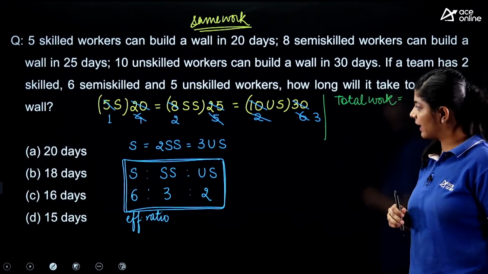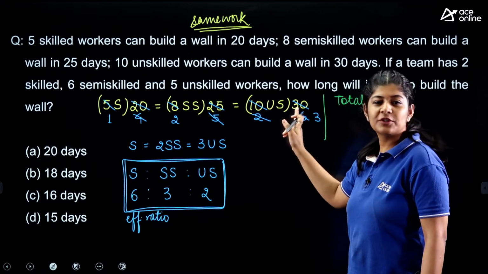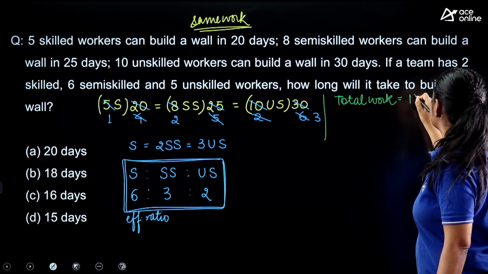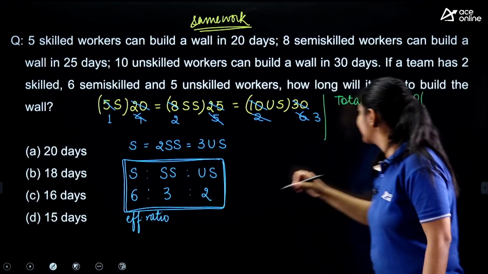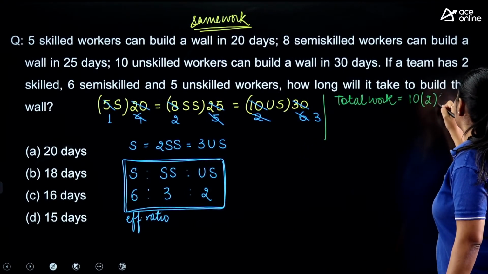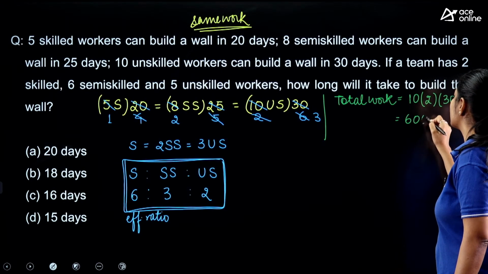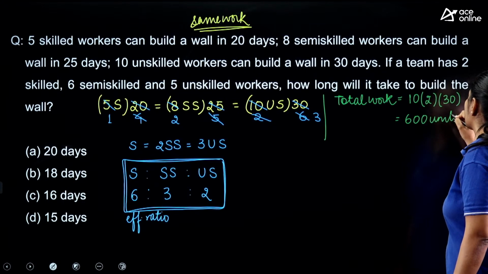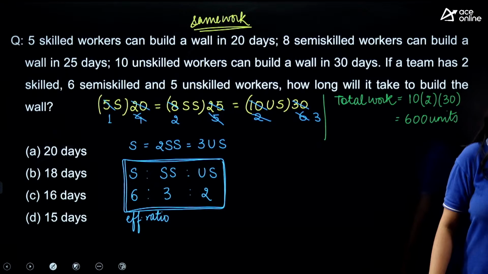It is quite easy to multiply in this one as we are having 2 zeros, right? So 10 multiplied by the efficiency of unskilled worker, that is 2, into 30. So the total work that we are having is of 600 units, right?